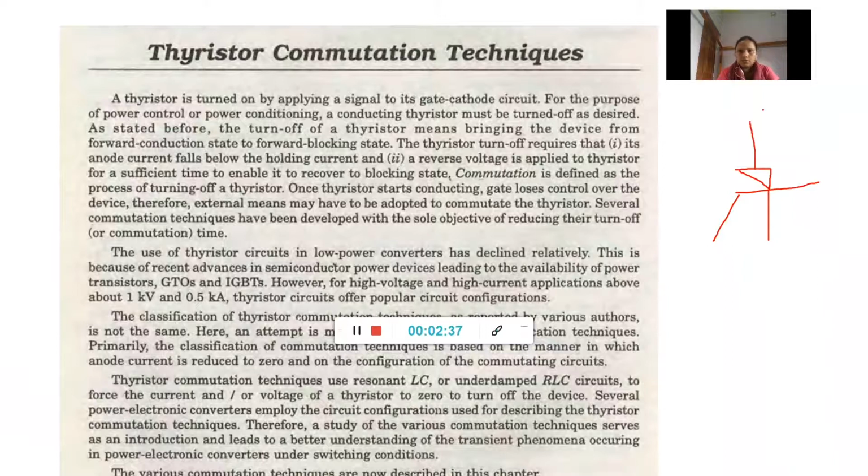See, this is the thyristor symbol. This is anode, this is cathode, and this is gate.